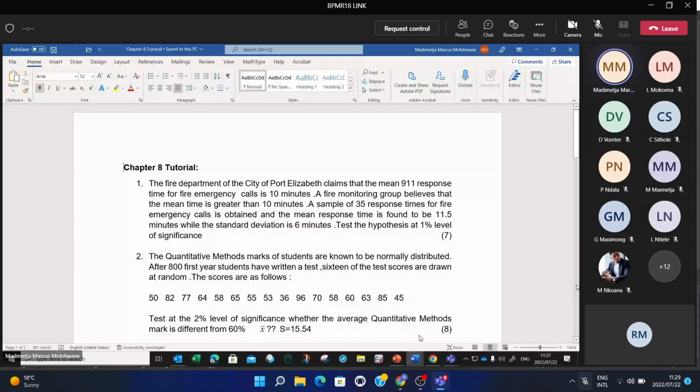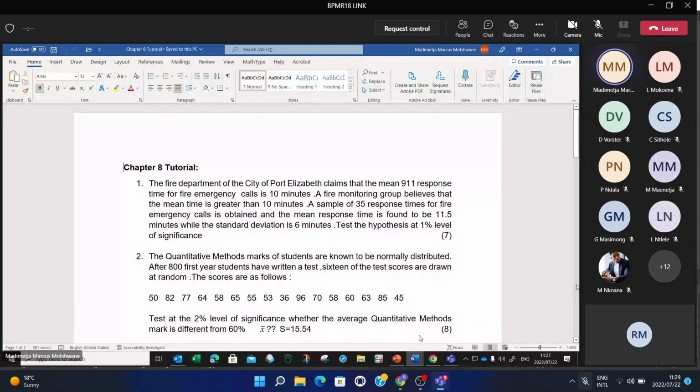The mean is 10. So it's greater than, thank you. And we're testing at alpha, how much percent? 1%. So it's 0.01.